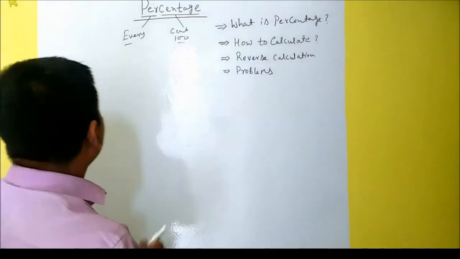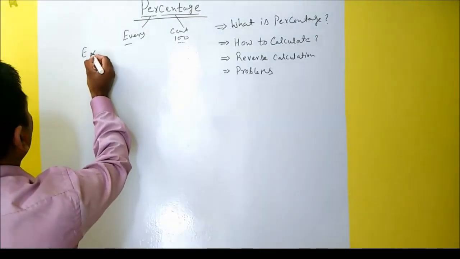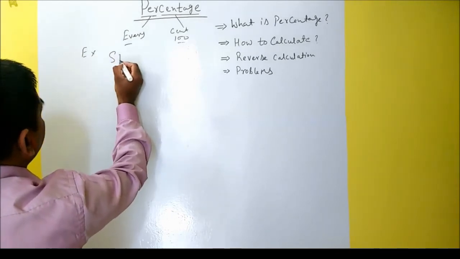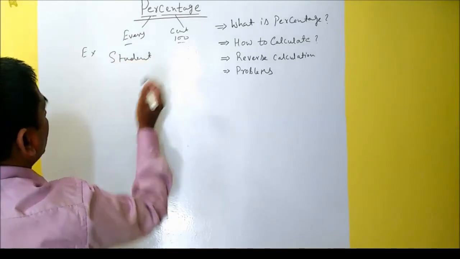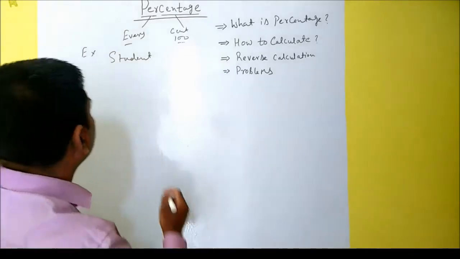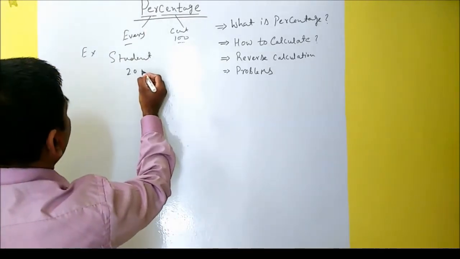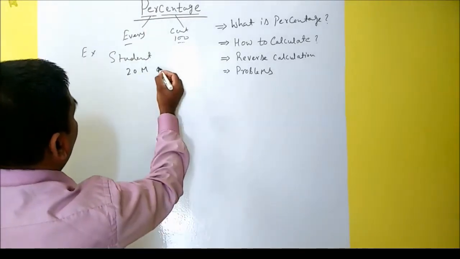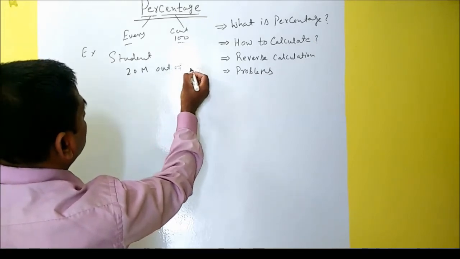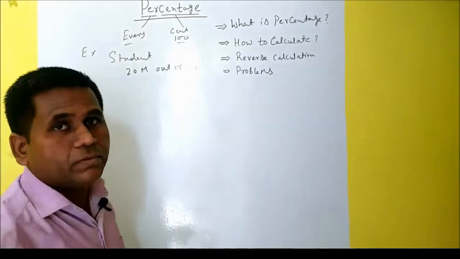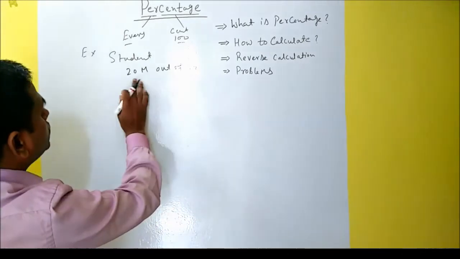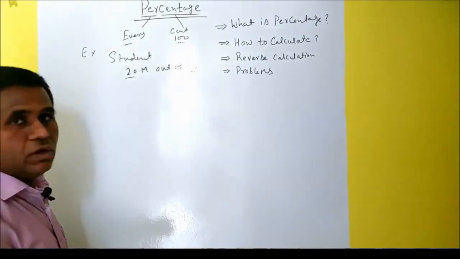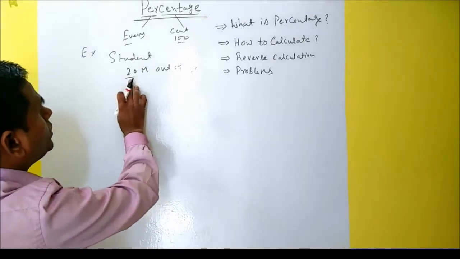So let's take an example. For example, a student has scored 20 marks out of 30. So 30 is the total marks, and marks obtained is 20.